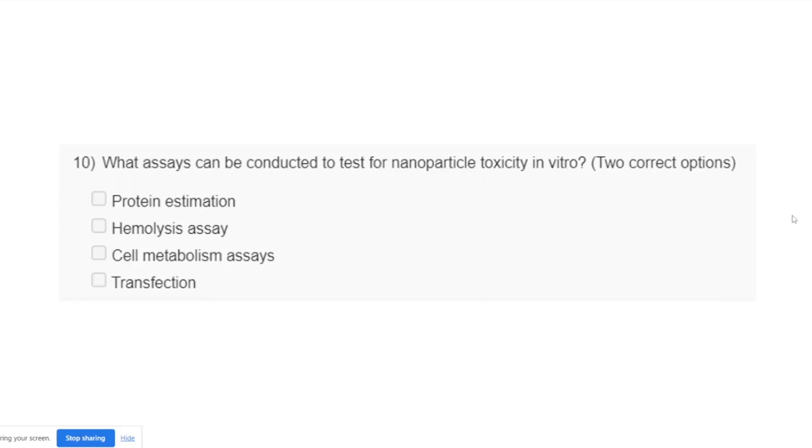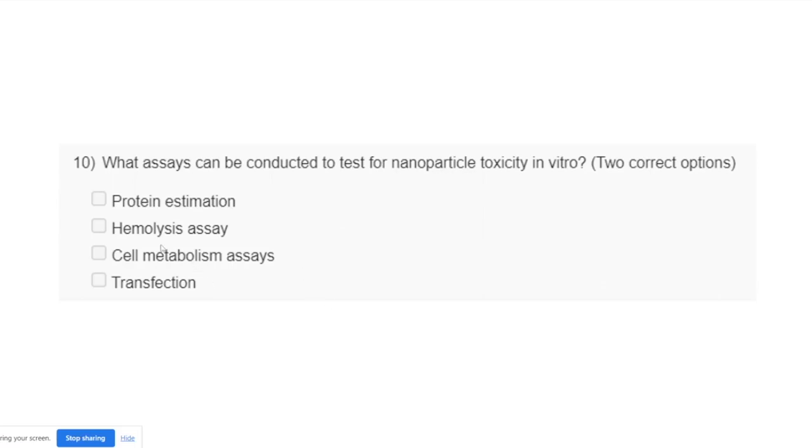What assays can be conducted to test for nanoparticle toxicity in vitro? Two correct options: hemolysis assay and cell metabolism assay. Yes, correct. For the hemolysis assay, you can incubate these nanoparticles with RBCs to check their effect on red blood cells.